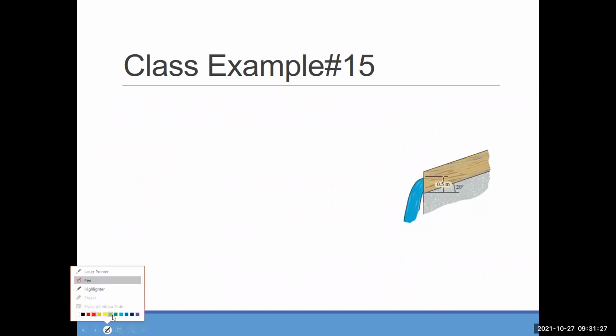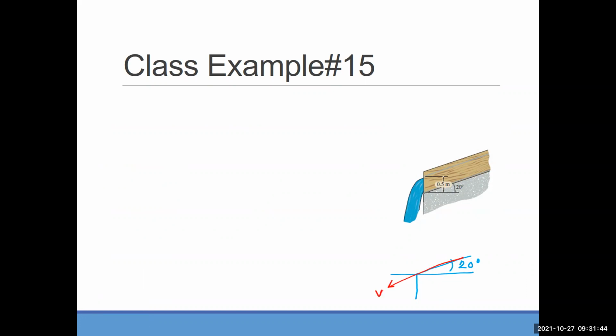Yes. So I will just try to draw this. This is 20 degrees and that is V, and this is the area. So I need to find out the velocity which is perpendicular to that area, right?